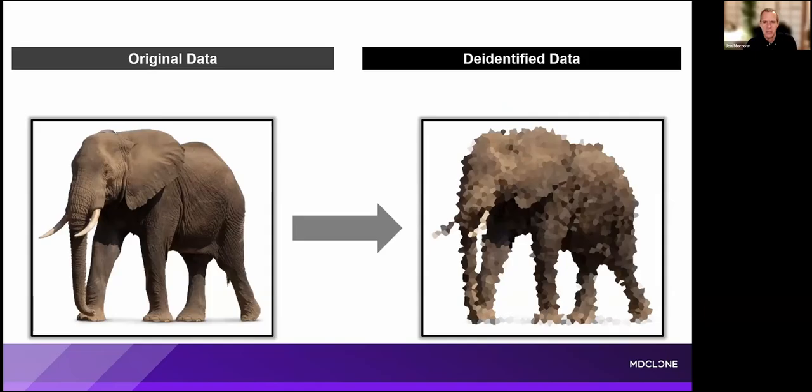Let me continue and you'll see another manifestation of this. If you take original data, a picture of an elephant, and this elephant represents a population of pixels, if you will, or a population of wrinkles on the elephant's skin, characteristics of these individual wrinkles that create this entire picture of an elephant. With de-identified data, what you've done is that you have removed the granularity of the information.